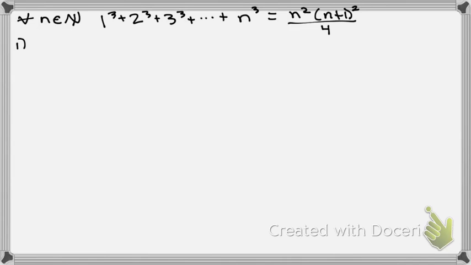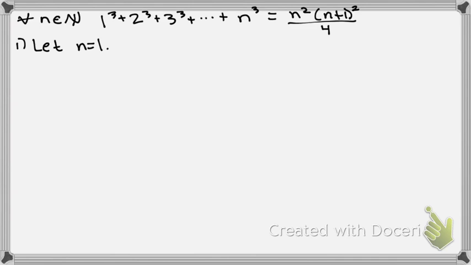So we're going to let n equal 1. We want to show that the left-hand side is the same as the right-hand side. Don't put the equal sign in, okay? Don't just plug a 1 in with the equal sign. Keep them separate, and you can use LHS for left-hand side.